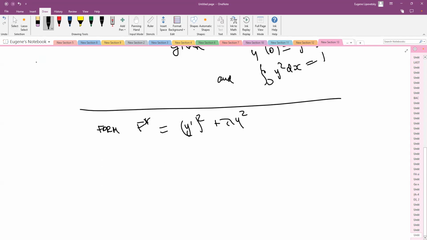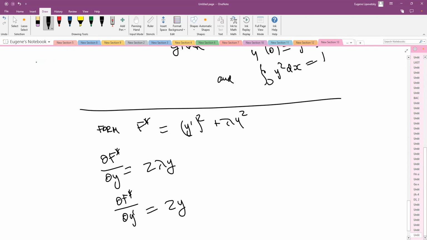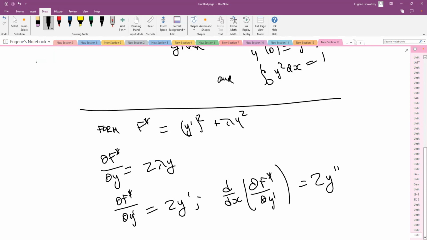Write the equations. df star over dy equals 2 lambda y. df star over dy prime equals 2 y prime. d over dx of df over dy prime equals 2 y double prime.